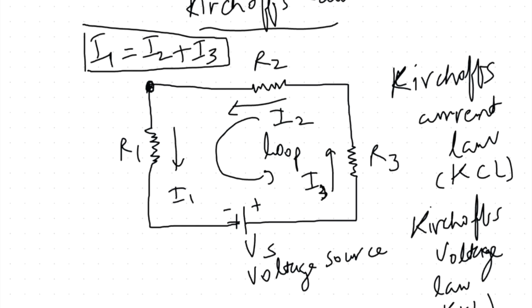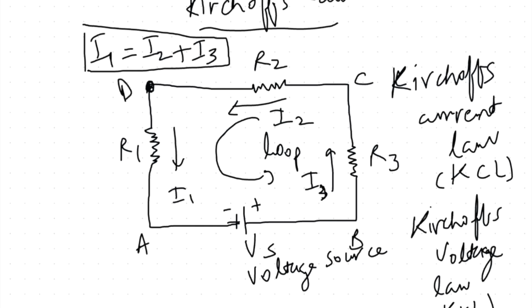Now, let's say we want to talk about KVL, or Kirchhoff's voltage law, right? Now, what would that mean? That would basically mean that the sum of all the voltage drops around the loop is equal to zero. And this means that, let's say we name this as A, this is B, this is C, and this is D, right?